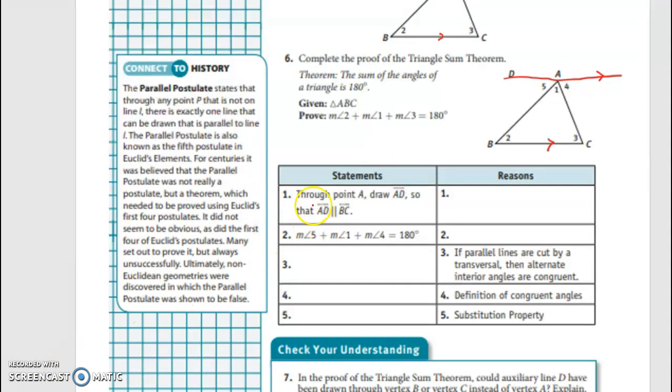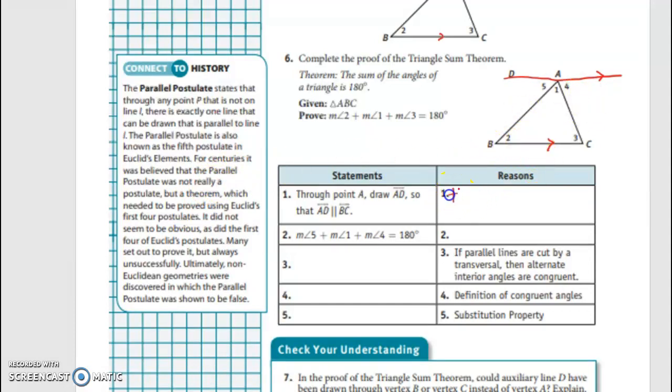Okay, so if we look down here, statement 1 says, through point A, draw AD so that AD is parallel to BC. And if you look over here, the parallel postulate, if you read this, it basically says that through any one point you can draw one line parallel to another line. And that is what we did.